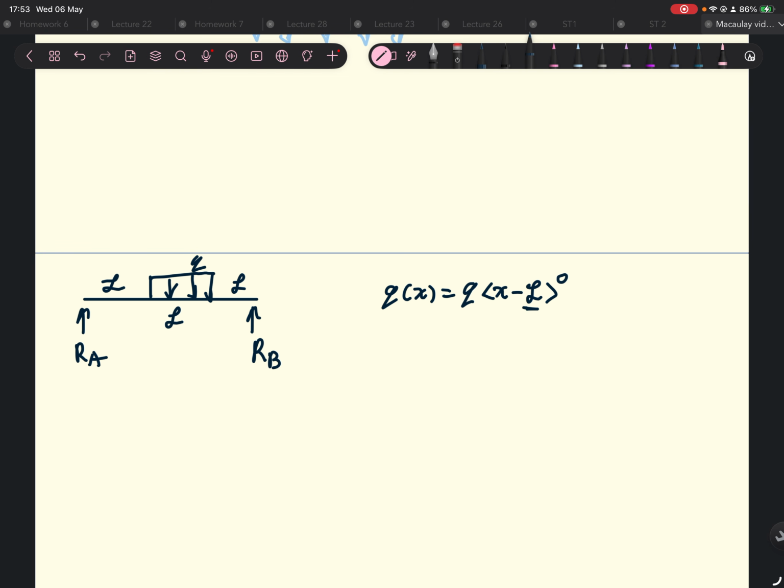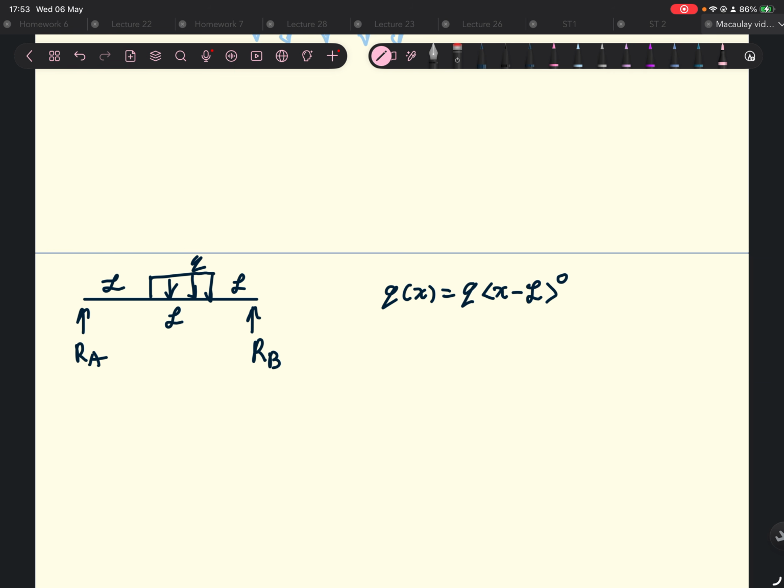So X minus L indicates that it switches on at L, so it starts at L, but this implies that it continues on until the end of the beam. So it doesn't indicate where this is going to stop.